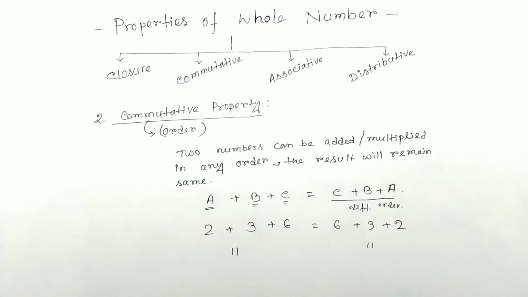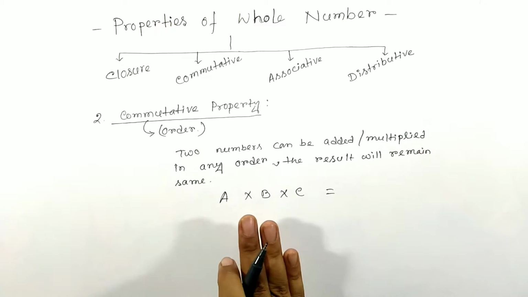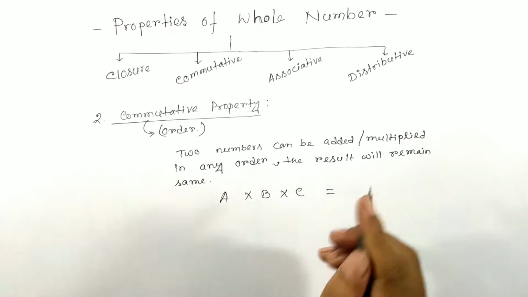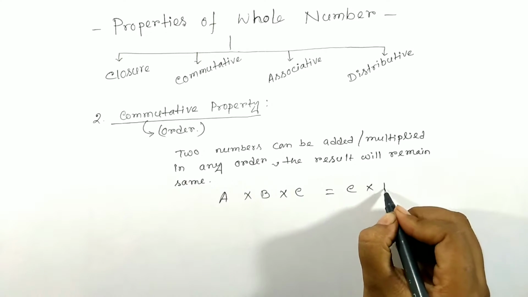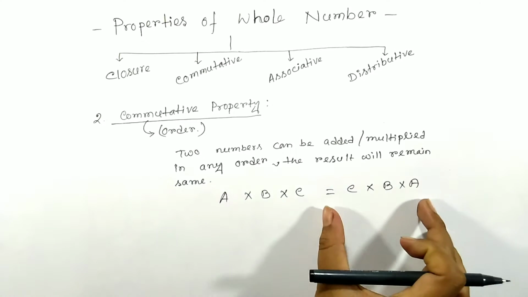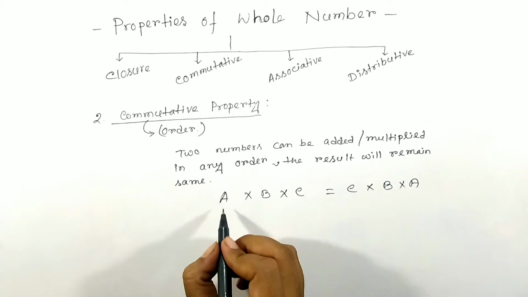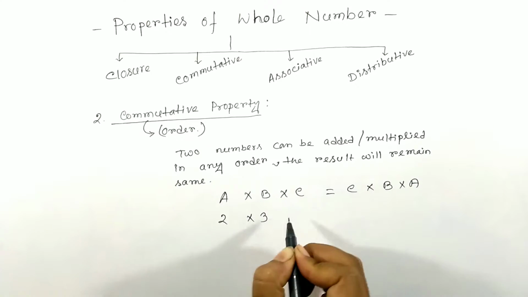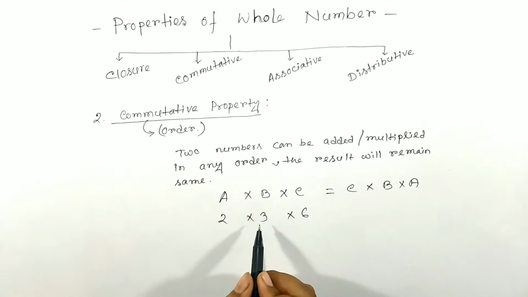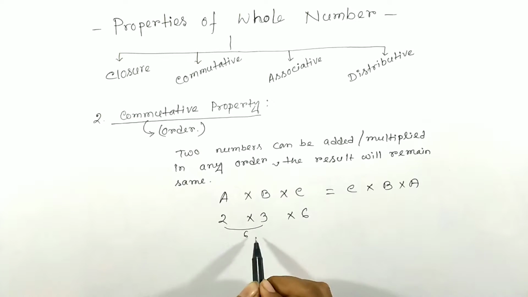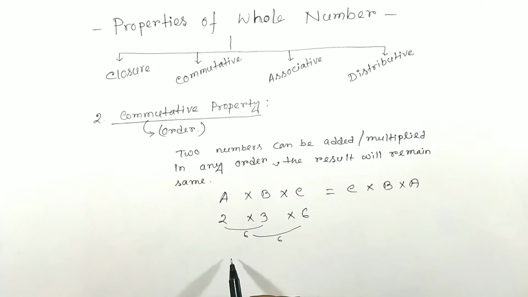Let's check for multiplication. If you multiply A into B into C in this order, you will get a result which is equal to this order. Suppose A is 2, B is 3 and C is 6. 2 into 3, 2 3s are 6, and 6 6s are 36.